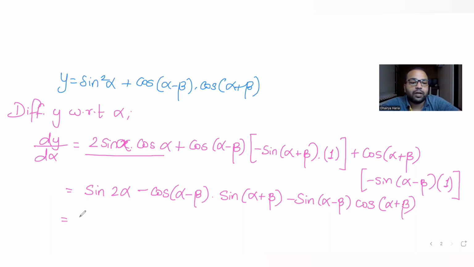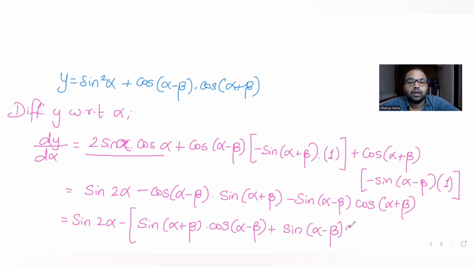So we get sin 2α minus, taking the minus common, [sin(α+β) cos(α−β) plus sin(α−β) cos(α+β)].